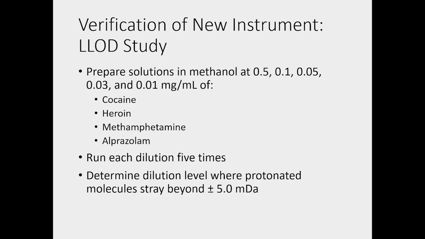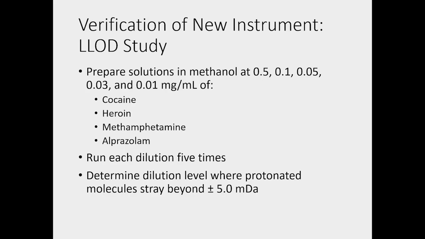And so this is sort of a compressed version of what was done for the entire method validation. So in this case, we'll only prepare solutions of 4 different drugs. So we'll look at cocaine, heroin, methamphetamine, and alprazolam. And we'll look at the same concentrations. They range from 0.01 to 0.5 milligrams per milliliter in methanol.